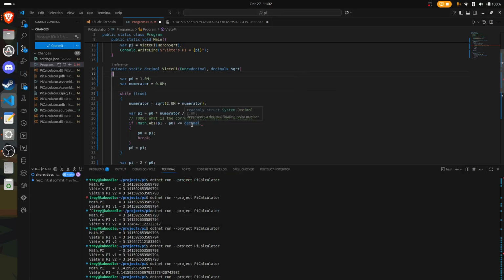Okay, let's think through this a bit. Float has an epsilon, 1e negative 45. And then the double epsilon is 5e negative 324, which is about 10 times-ish what the float could do. We're going to try something like this.